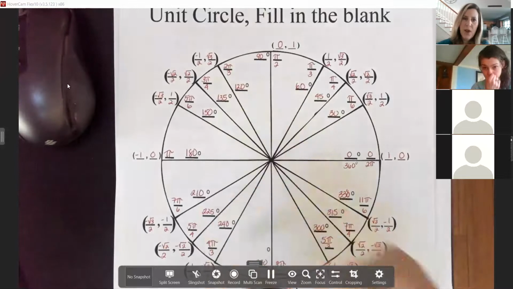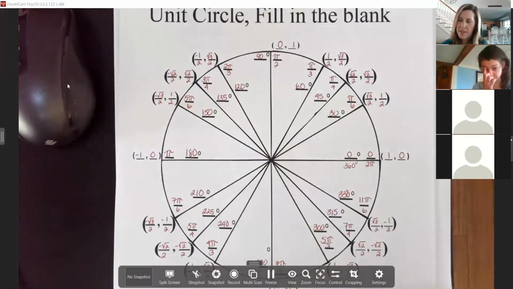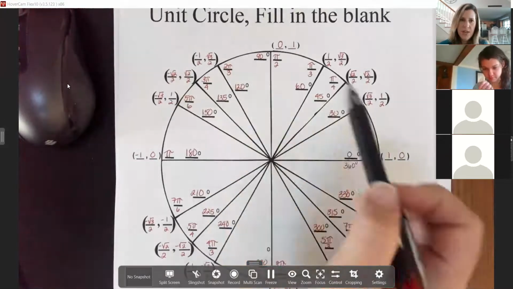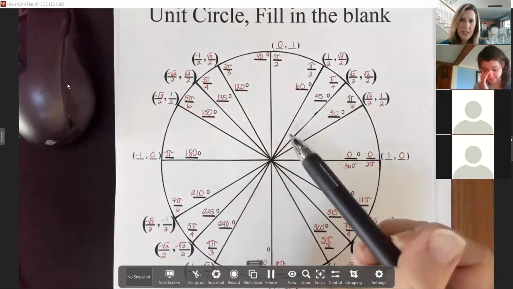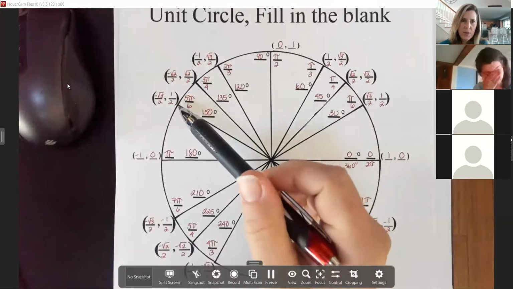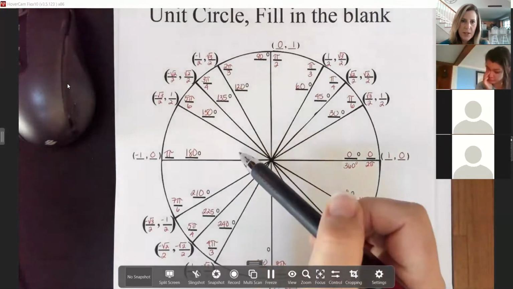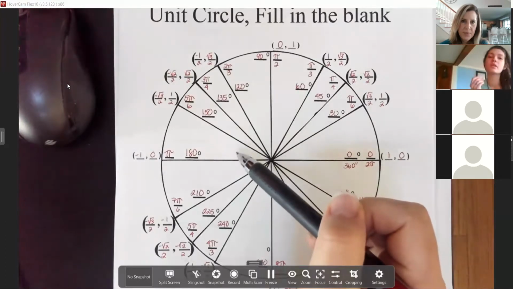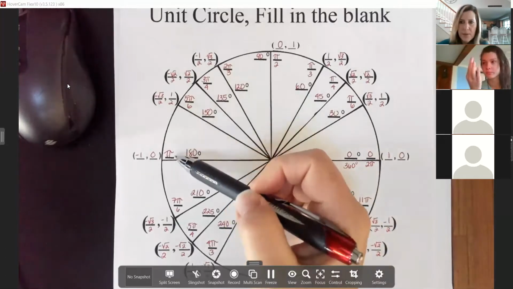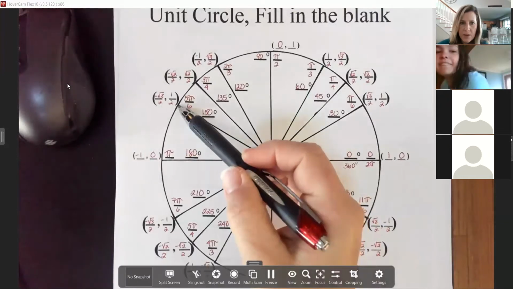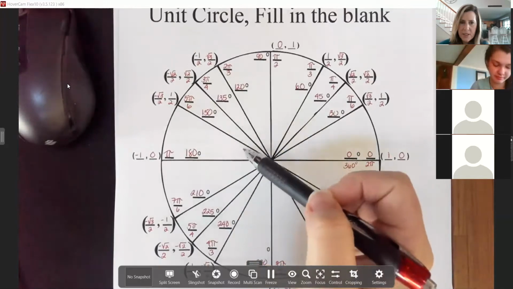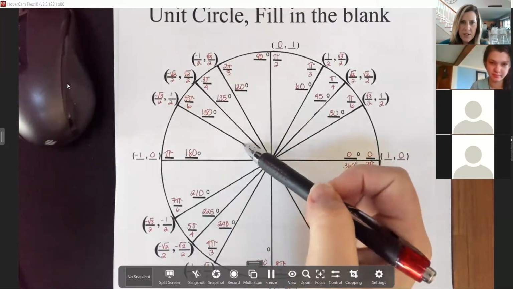Why are they matching up? Because what would you be looking at in order to get the sine or cosine? So cosine's x, sine is y. If you were to drop this down, what am I looking at? A right triangle. Right. If I form that right triangle with the x-axis, what is this angle called?